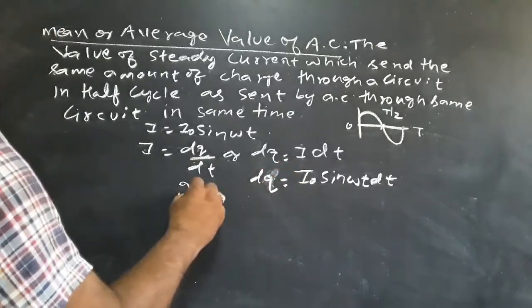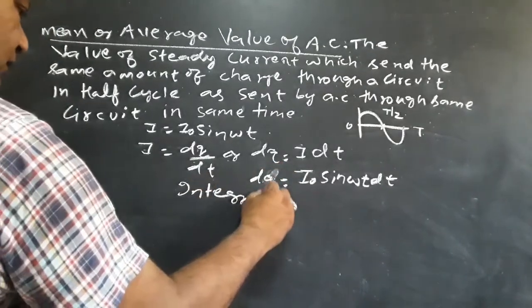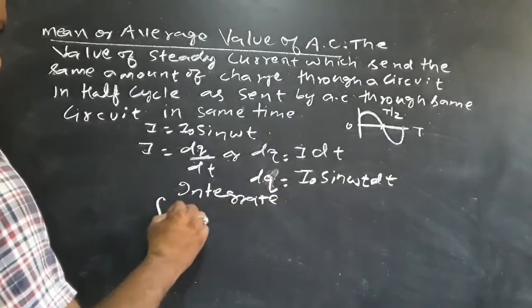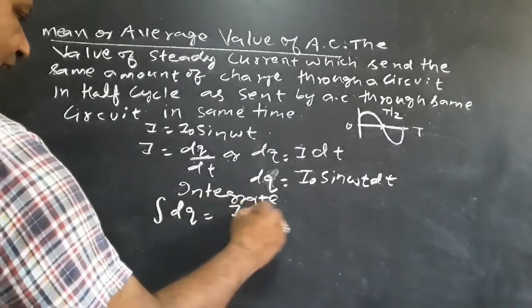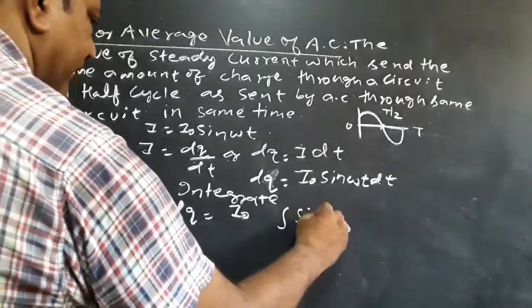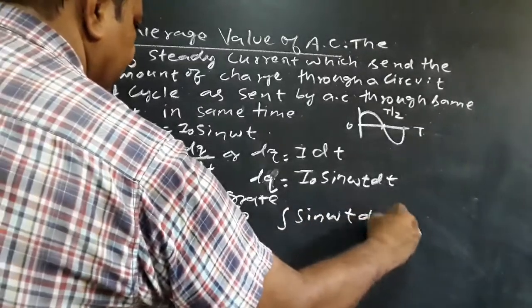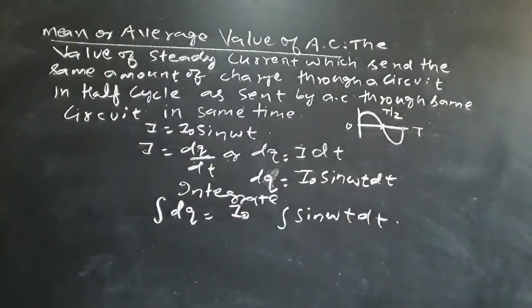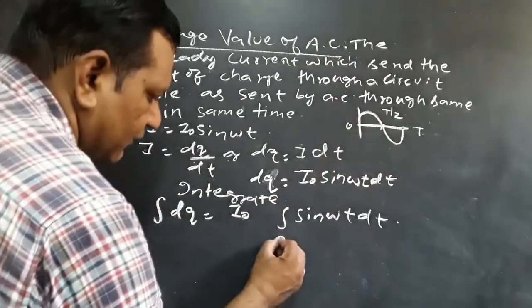Now integrate dq, I naught sin omega t into dt. Time taken is half cycle, 0 to T by 2.